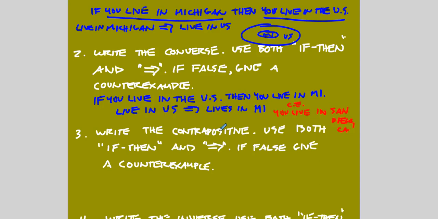All right. So write the contrapositive now. Use both the if-then and the implies way of writing that. And if false, give a counterexample.